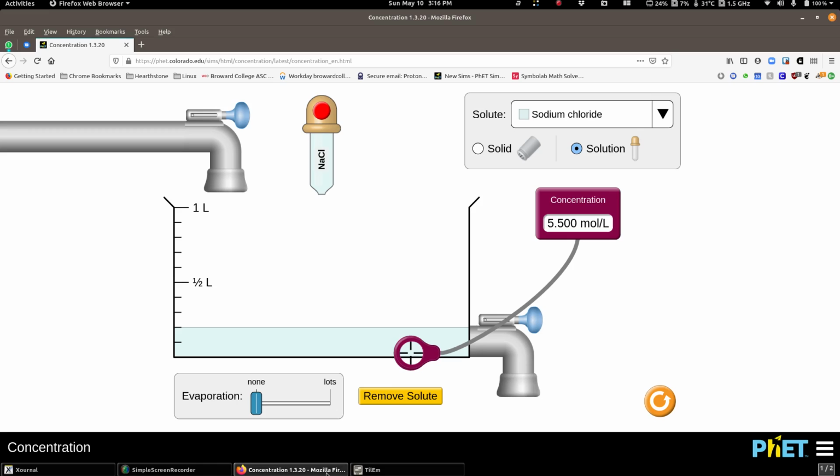I'm going to show you how it works here. So if I add in some water, see how the concentration goes down super quick? I added in 3/4 of a liter, and it dropped the concentration a lot, because you still have the same amount of salt in there, but you have more water, so there's less moles per how much you have. And that's essentially the idea of a dilution.